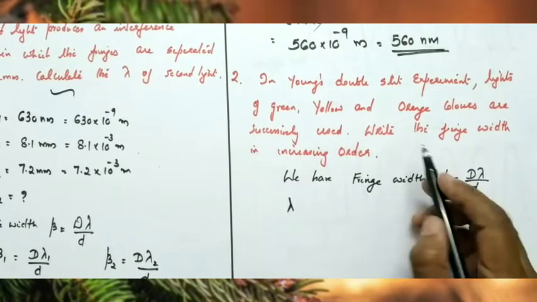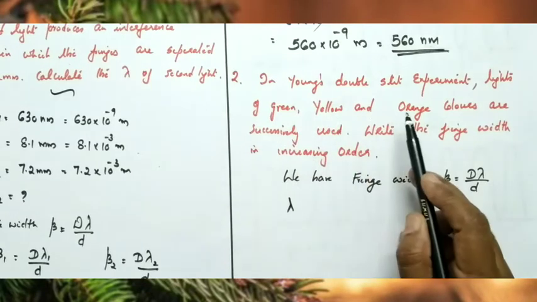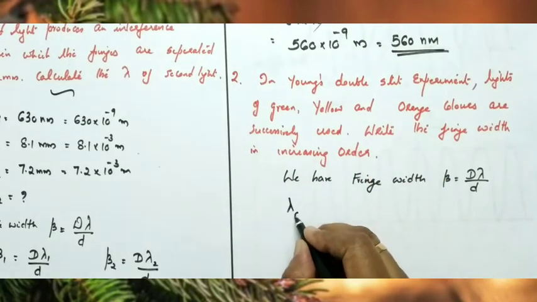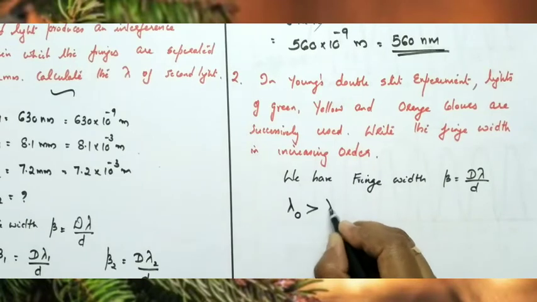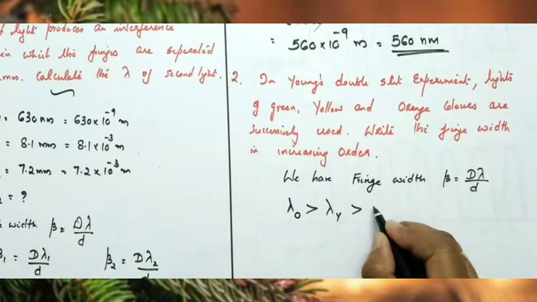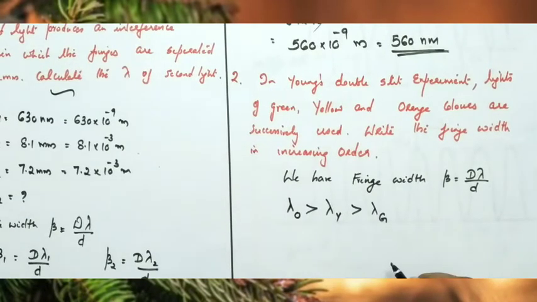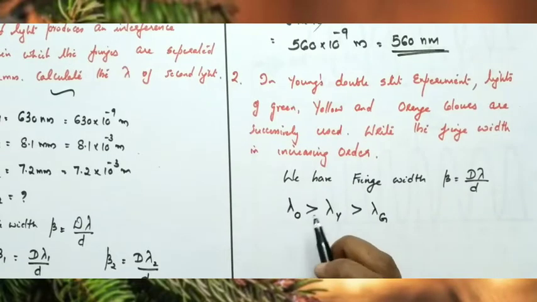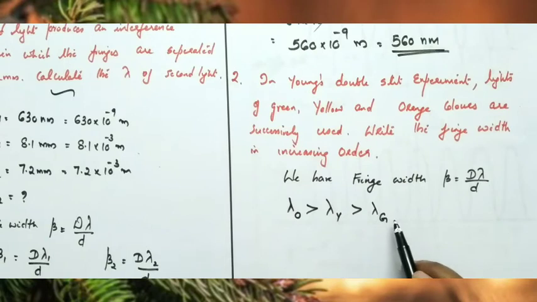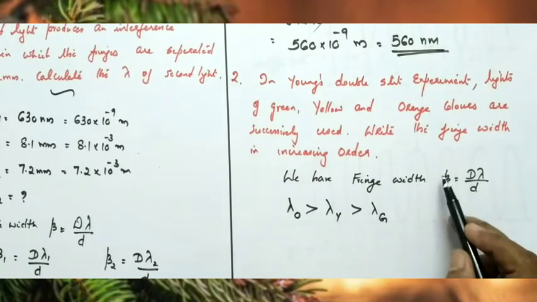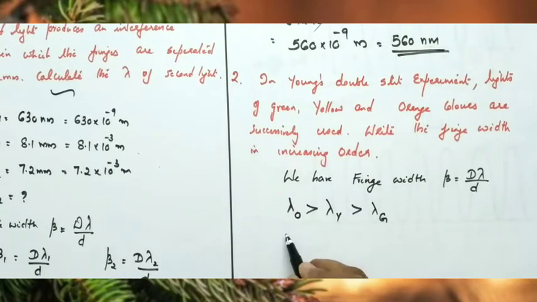So compare the wavelengths of green, yellow and orange. We know the wavelength of orange is greater than the wavelength of yellow, which is greater than the wavelength of green. This is the order, isn't it? So as wavelength increases, what happens to fringe width? Fringe width also increases.